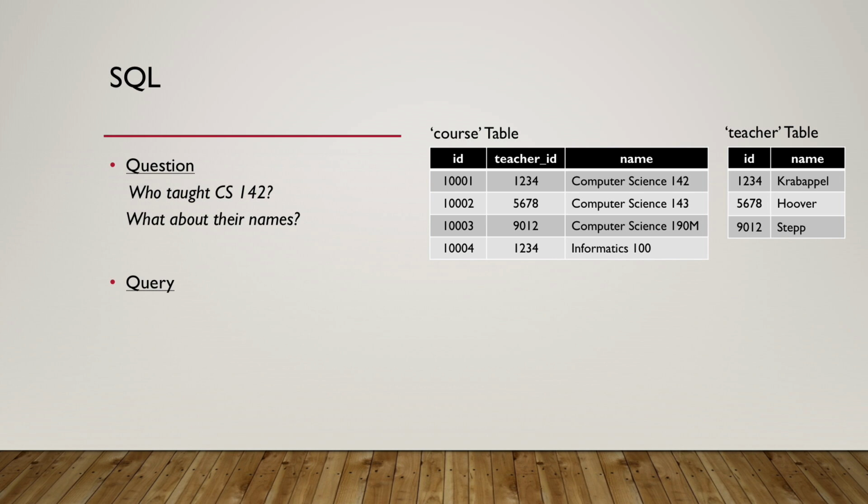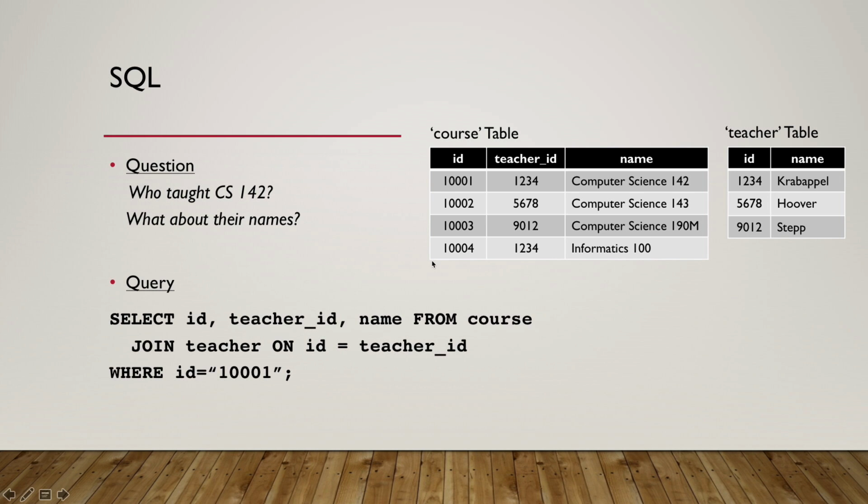And this is where SQL starts to get a little bit complicated. So we're going to select the ID, the teacher ID, and the name from course. Well, that gets a little more complicated. Name here is in fact there as this, but it's also over in the teacher table, and teacher ID is there as well. What I really want is the name of the teacher.